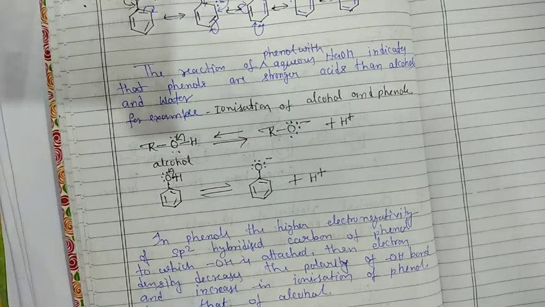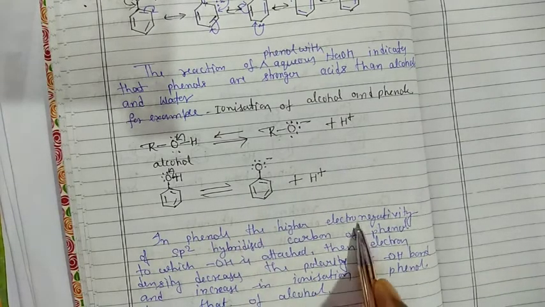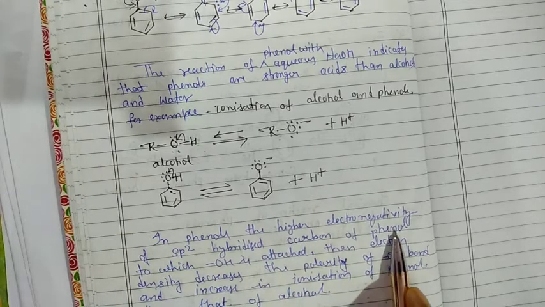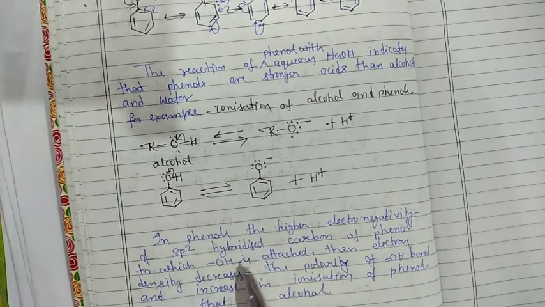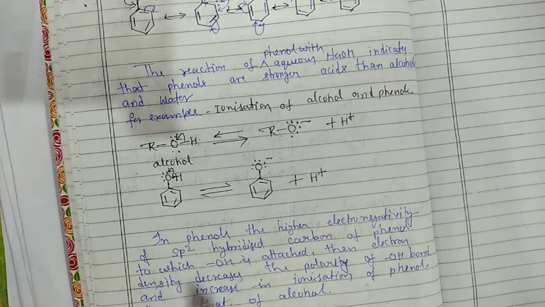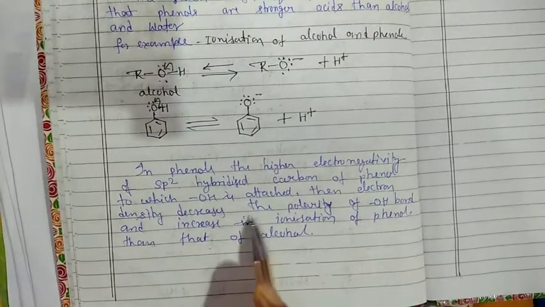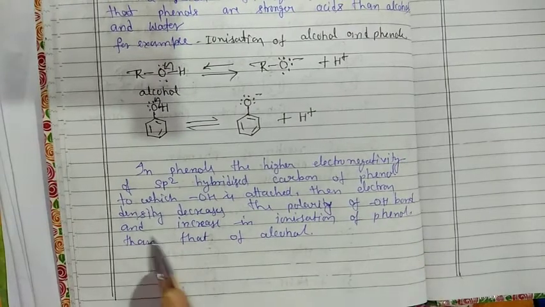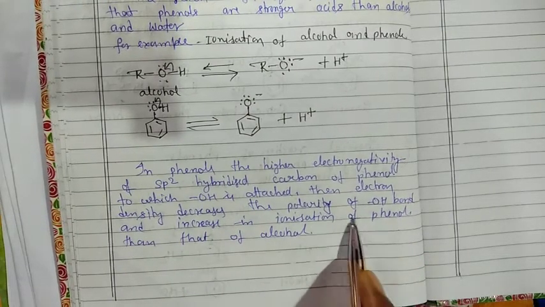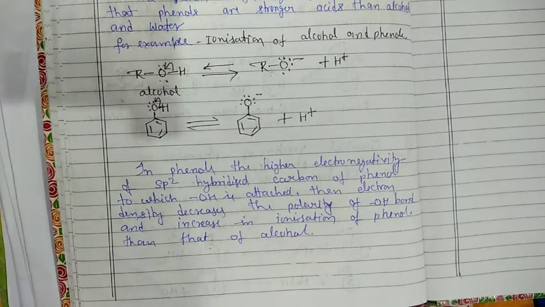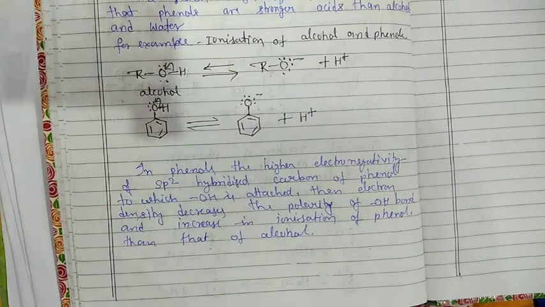In phenols, the sp2 hybridized carbon to which OH is attached has higher electronegativity, so the electron density decreases. As the electron density decreases, the polarity of the OH bond and the ionization of phenol increase compared to alcohols. So phenol is a stronger acid than alcohols. Okay students, thank you for watching this video.